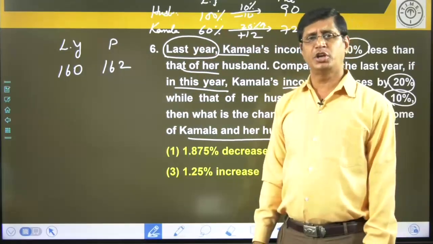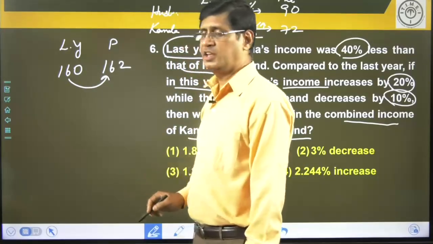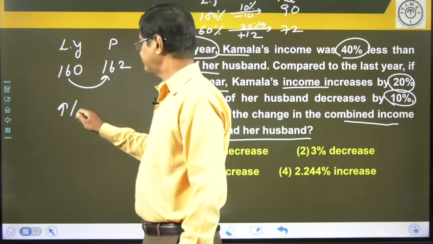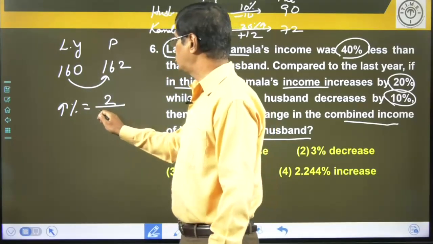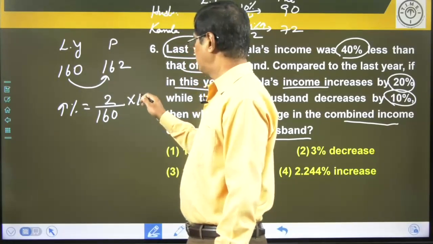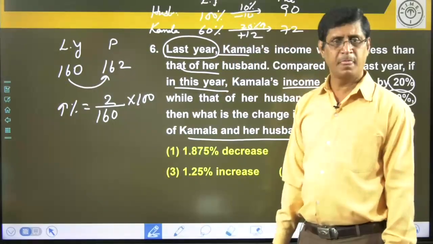Observe the percentage change. Percentage change means here what is the observation? Increase. So find out the percentage increase. Increase percentage means increase by initial value. Initial is how much? 160 into 100. Now simplify this.